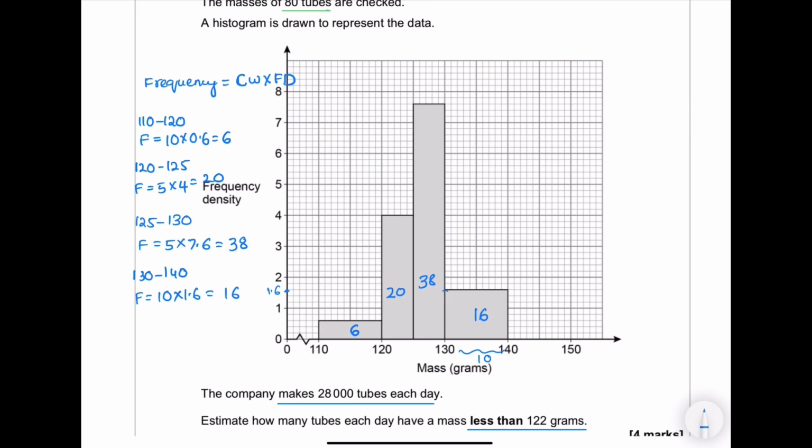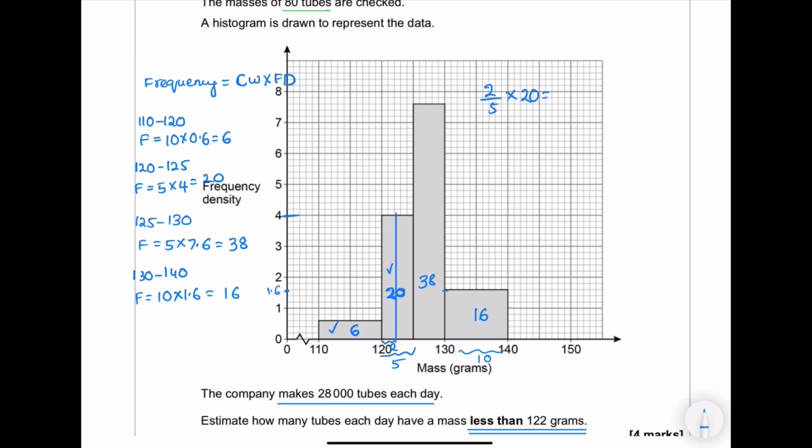Now we need to estimate how many of these have a mass less than 122. So look at 122 on the histogram. We have 122 in this bar, where the frequency is 20 and the class width is 5, but we only require 2 of the class widths from here.